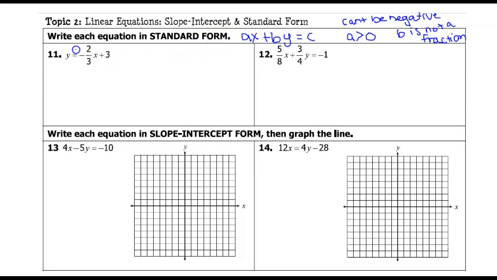Here we go. First things first, I want to go ahead and get rid of the fractions. So the first thing Ms. Bennett is going to do is multiply both sides of this equation by the denominator of the fraction I see, which is 3. So when I do that, I'll end up with a 3y equals negative 2x plus 9.